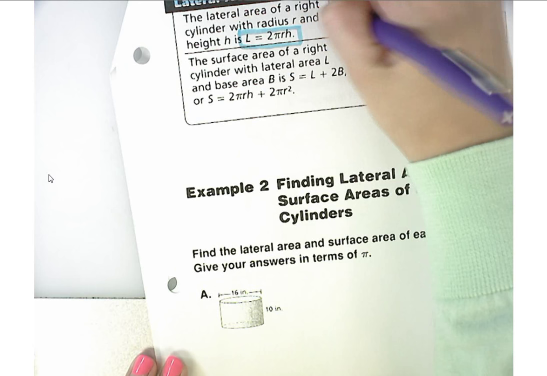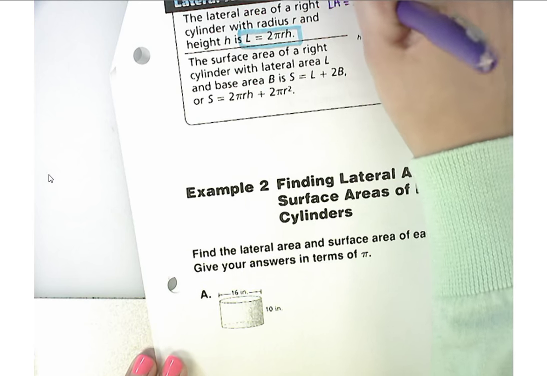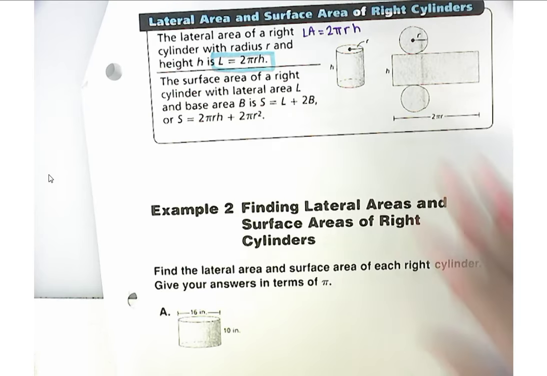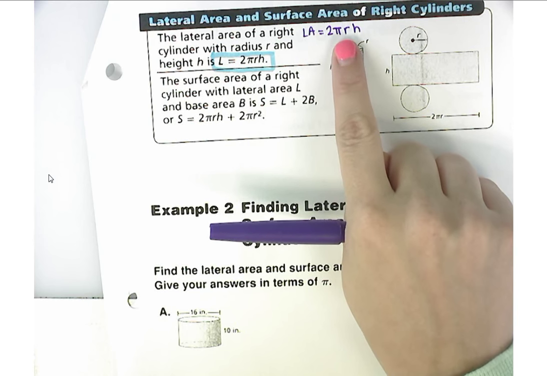Okay, so the lateral area is going to equal 2 pi times r times h. Do you see another familiar formula in that equation? What part of the circle? The circumference, right? So 2 pi r is the circumference, which is the distance around the circle.